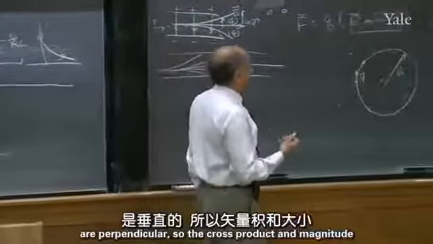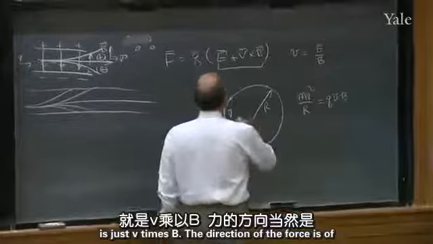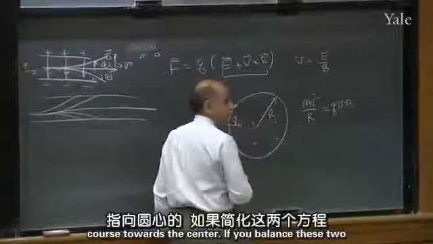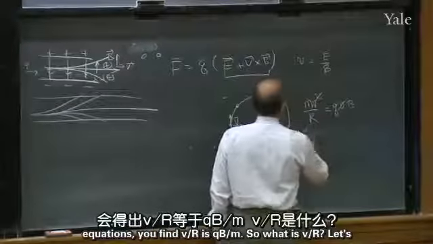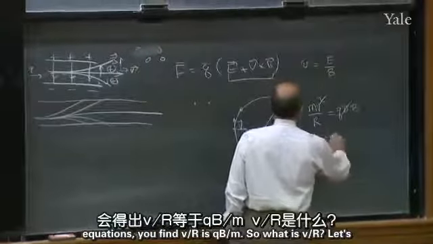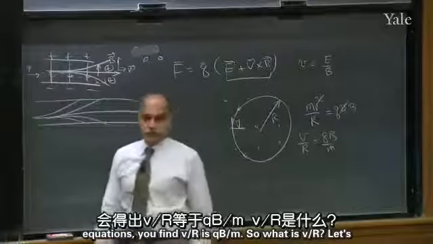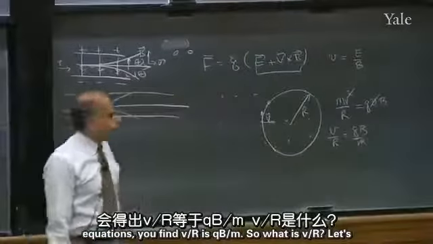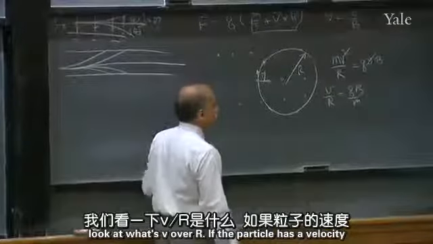I didn't write the cross product because everything is perpendicular to everything. Magnetic field and v are perpendicular, so the cross product in magnitude is just v times B. The direction of the force is, of course, towards the center. If you balance these two equations, you find v over r is qB over m. So what is v over r?